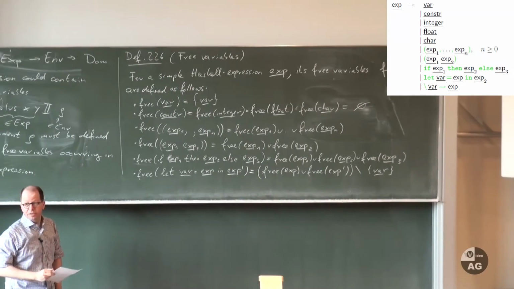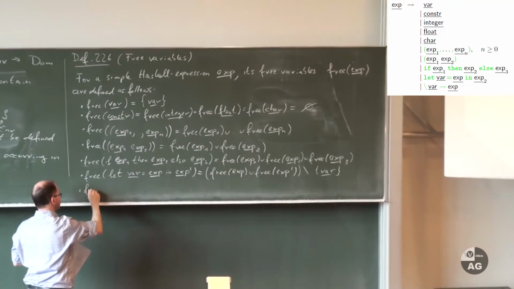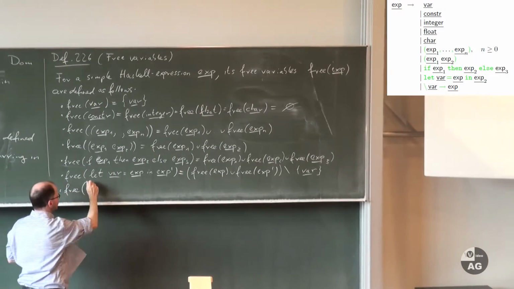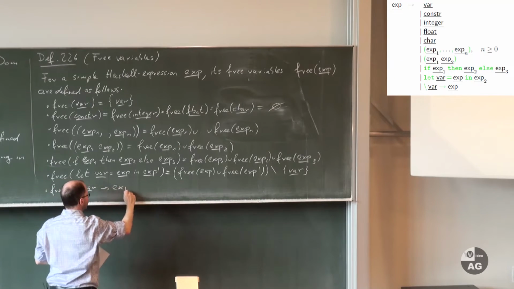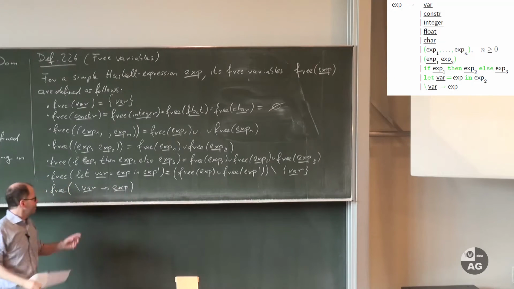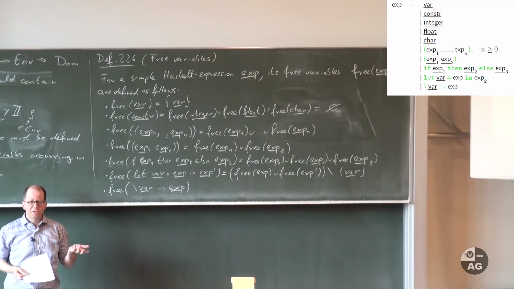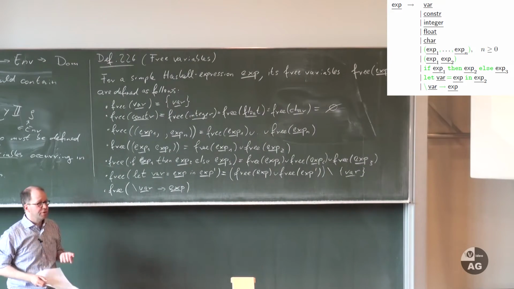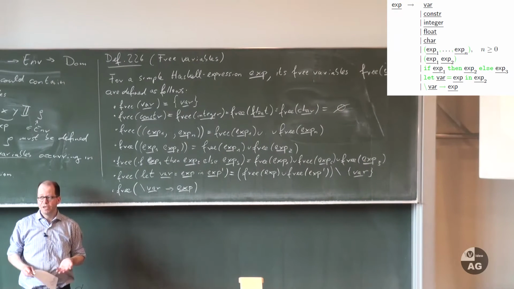And a similar definition is used for lambda expressions. So what are the free variables of this expression? Lambda var goes to exp. All the variables except var. Because whether I write lambda x goes to x plus 2, or whether I write lambda y goes to y plus 2, that doesn't really matter.